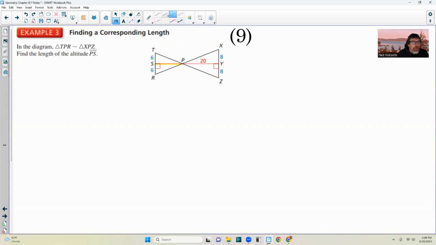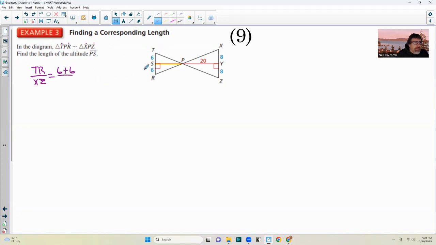All right, so let me see. So we know TR. So we're going to first start off with side TR. TR is the first and the last letter. Well, that corresponds to the first and the last letter in the other triangle, which is XZ. And see what they equal is TR is TS plus SR, or 6 plus 6.